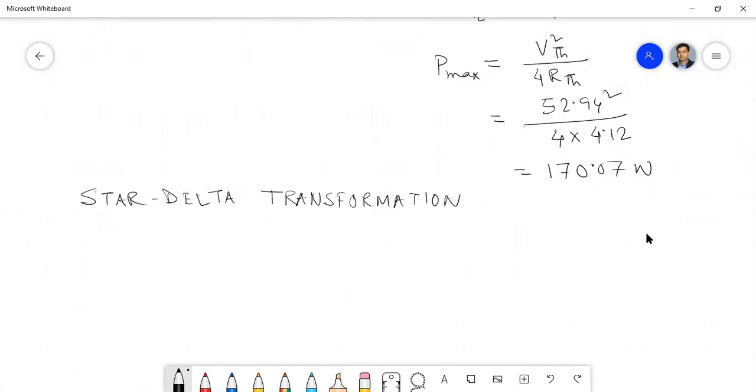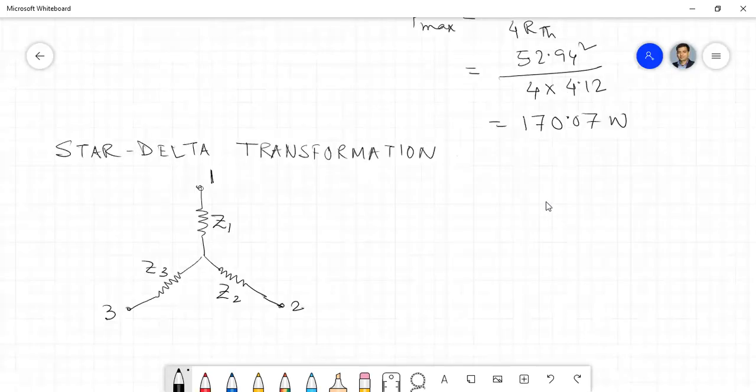Okay, so star delta transformation. Let us discuss that. Suppose we have some resistances in star, and suppose these are the terminals 1, 2, 3, and suppose these are the resistances. Again, I am using Z1, Z2, Z3. You can use R1, R2, R3 in your notes.